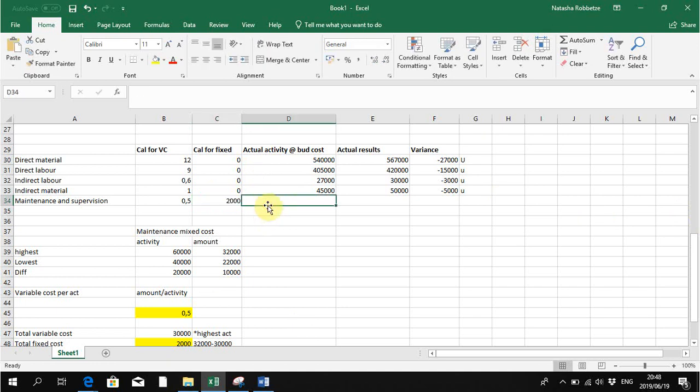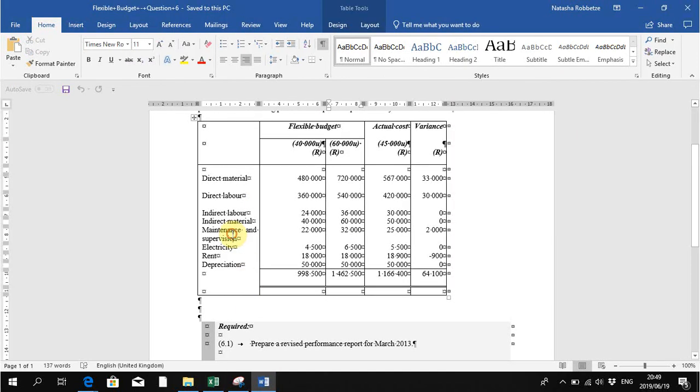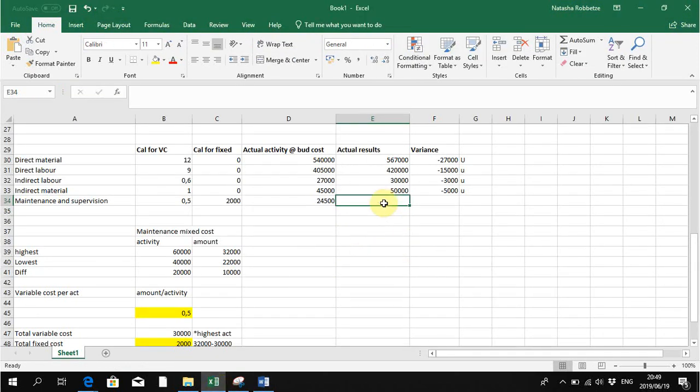So to calculate my actual activity and budgeted cost, I'm going to say this is 50 cents times the 45,000 units plus the 2,000 Rand fixed cost. What did I actually spend? If I go to the actual cost column, I see I spent 25,000.